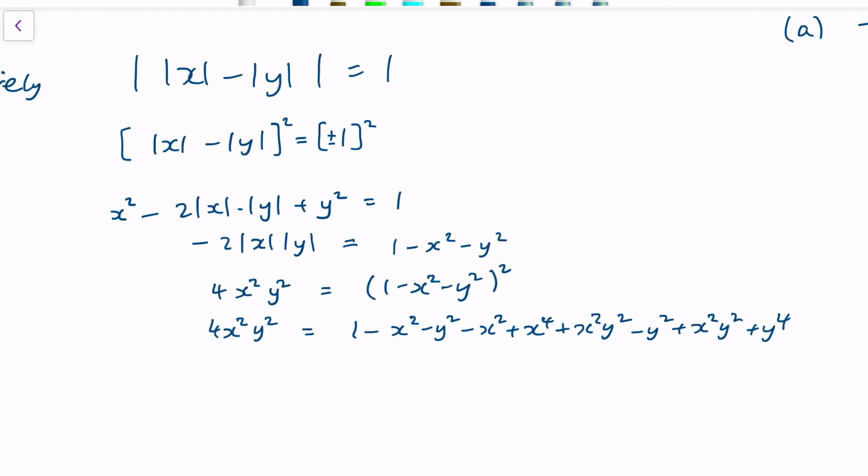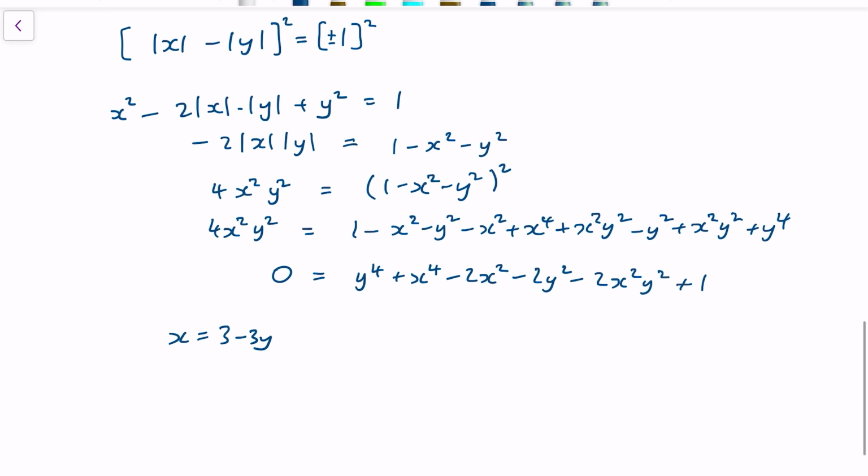And then I do some more tidying up. And then I remember that my other equation was x equals 3 minus 3y, so I could substitute that in.